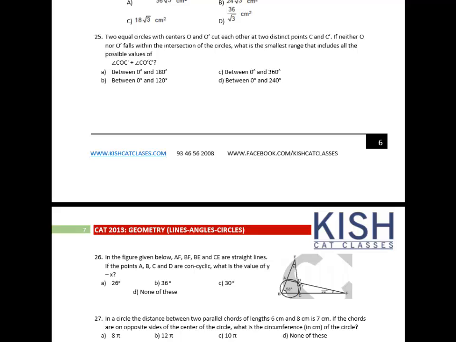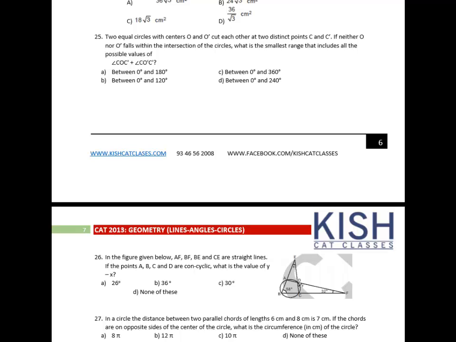Question number 25 is supposed to be a simpler one. Two equal circles with centers O and O dash intersect at C and C dash.